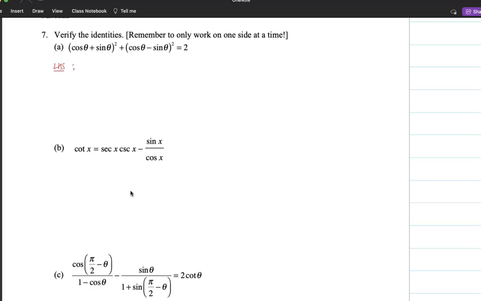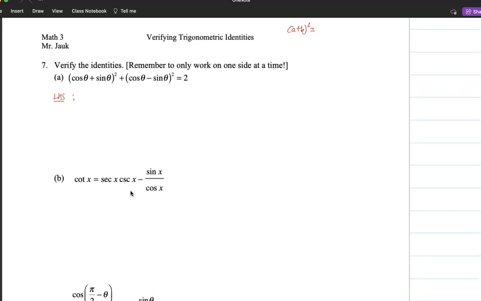What is a plus b the whole square? It is a squared plus 2ab plus b squared. Same logic you apply.